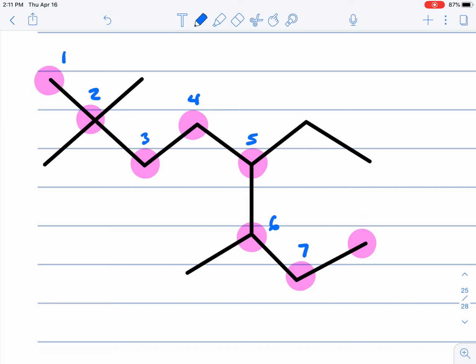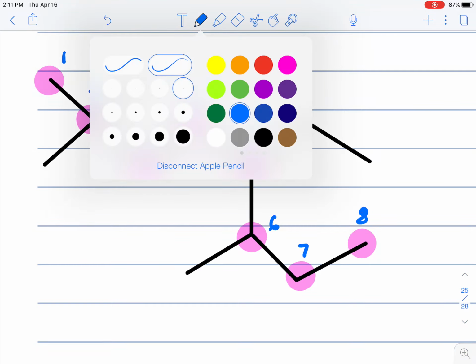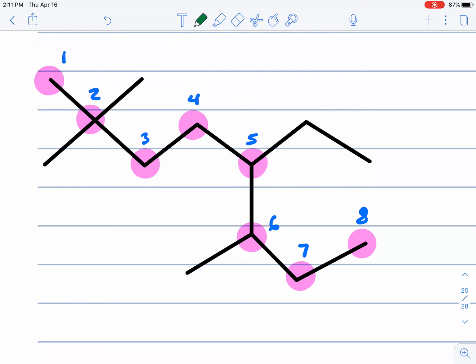This is going to be my number system if I go from left to right. Now if I go from right to left, I'll do this in a different color. Let's just do this in green. I have 1, 2, 3, 4, 5, 6, 7, and then 8.